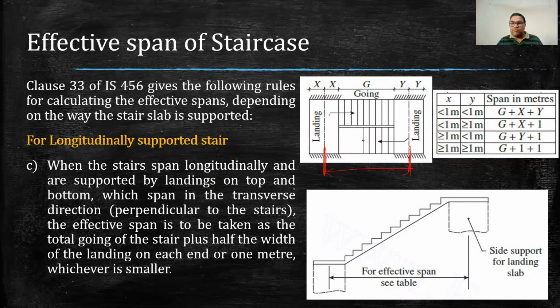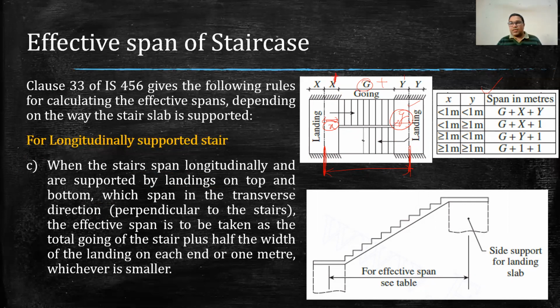Now the width of landing is divided into two parts. One part is known as X on the left-hand side and one part here is known as Y. Some guidelines are given in this table. According to this table, if the values of X and Y exceed 1 meter, we will take G plus 1 from this side and G plus 1 from this side.